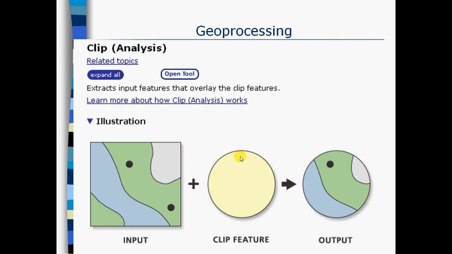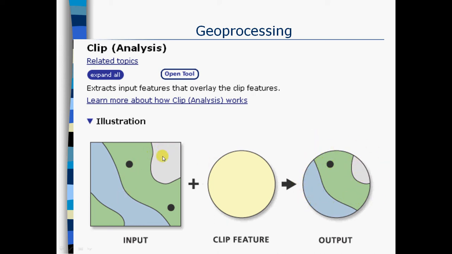Clipping is a very common form of geoprocessing, and it can be really thought of as a cookie cutter. Just like making holiday cookies, here we have the dough rolled out, and that's the source data or the input data. The cookie cutter or the clip feature is another data set, and the result is this clip feature applied to this source data, and that's what's left.